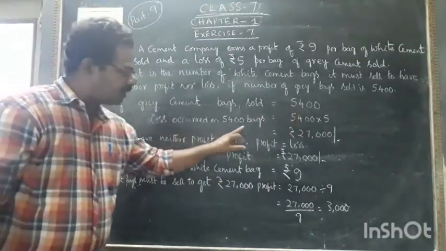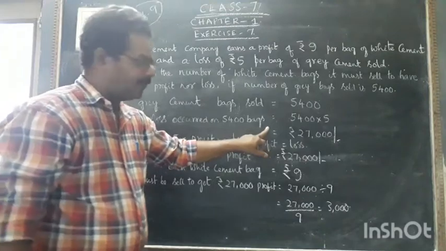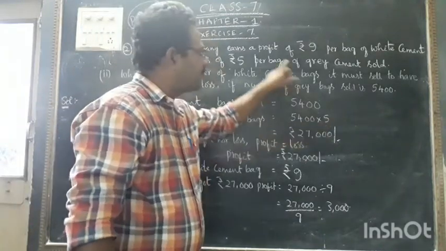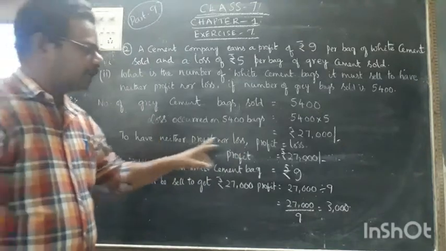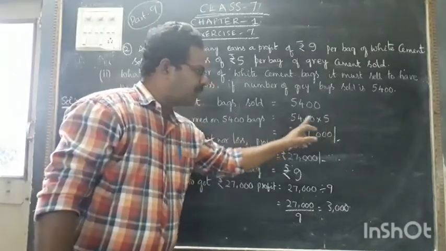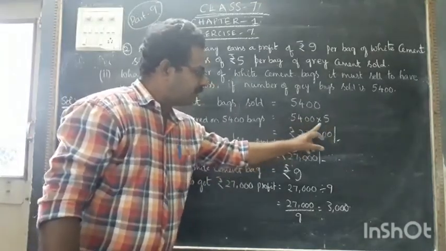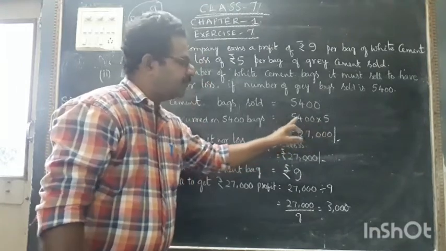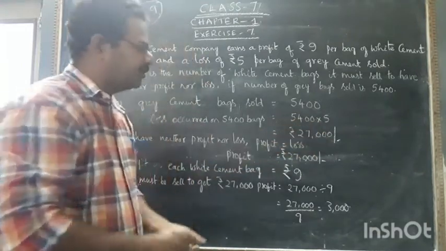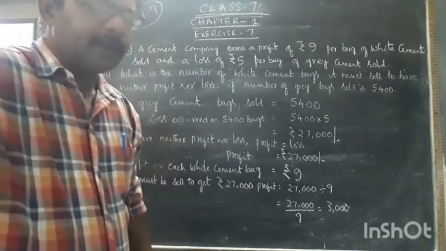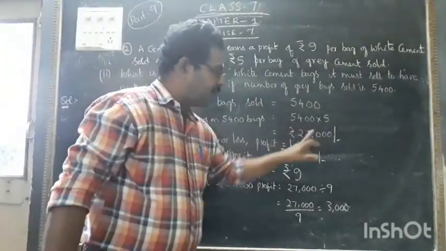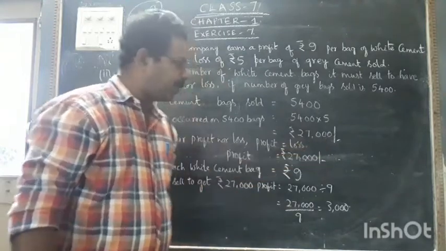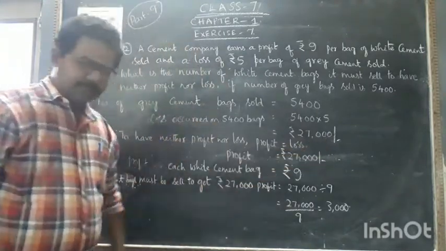Loss occurred on 5,400 bags is equal to 5,400 into 5 rupees. Why? Because on each bag we will get 5 rupees loss. So 5,400 into 5 is equal to 27,000 rupees is the total loss.